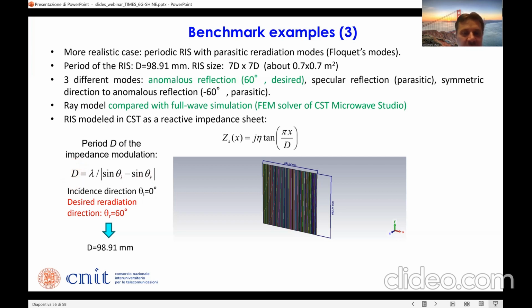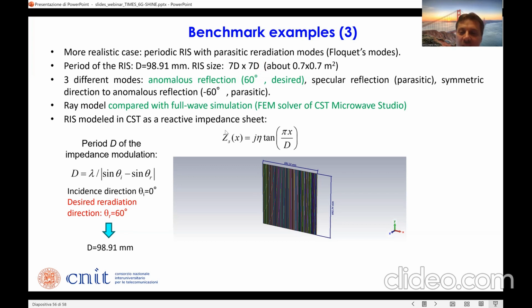In our case, the frequency was again 3.5 gigahertz, and the size of the period was 98.91 millimeters to ensure this 60-degree radiation direction. And also the size of the RIS, the RIS was 7 times by 7 times the period D.